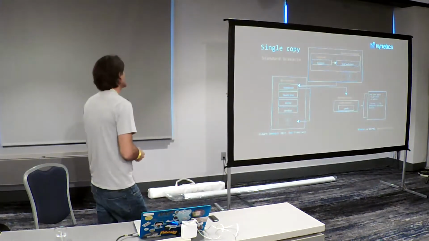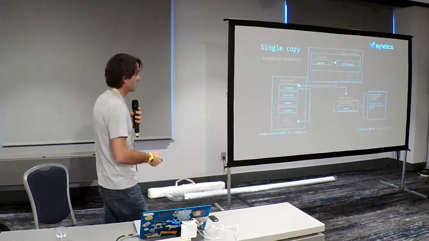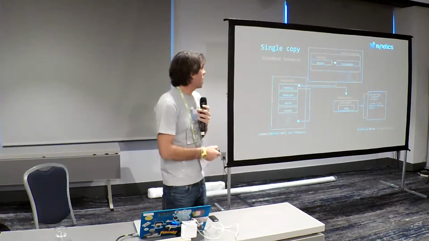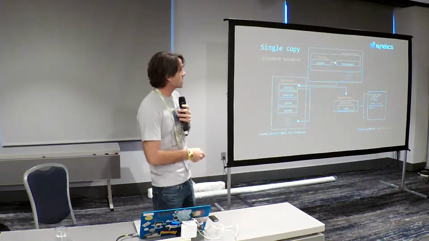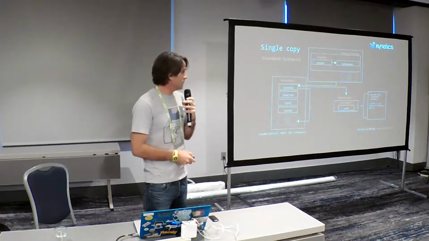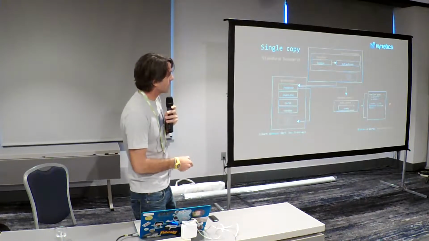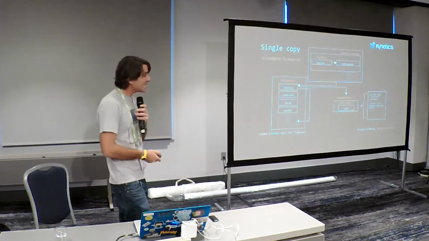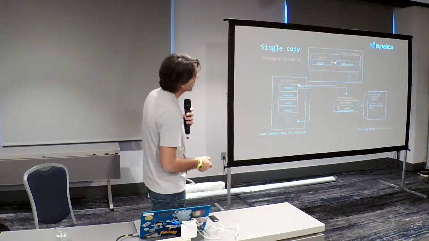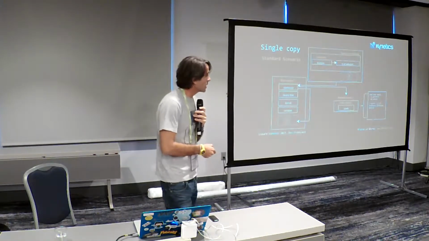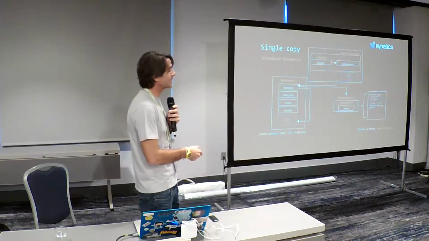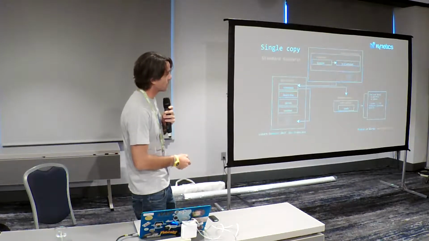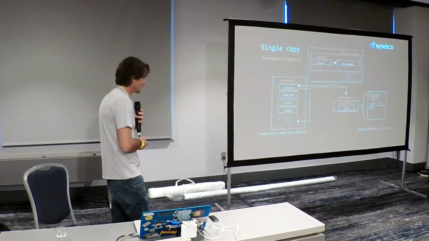For the single copy scenario, you can have software update on a RAM disk, or you can write software update in a space that is not partitioned at all. Here I just put some notes on some utilities that are very common in this framework, for example for reading and setting variables on U-Boot, the firmware utilities.